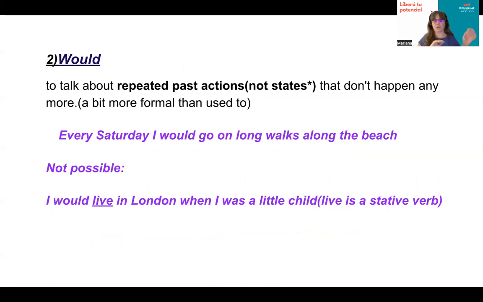If we compare used to and would, we could say they are the same, but you can use used to for all verbs, but would only for verbs that have dynamic meaning, dynamic connotation, not a state.